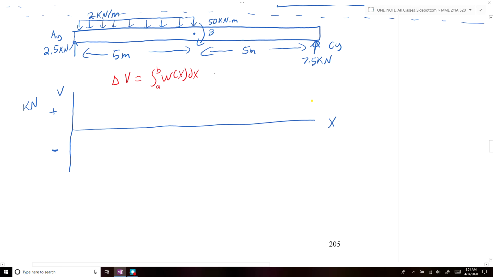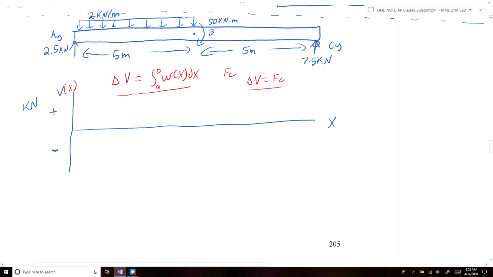We also know that if we have a concentrated force, our change in V would be just equal to that concentrated force. Along the beam from point A to point B to point C, we have both distributed loads and concentrated forces. So to find V of x, we have to determine the impact of our concentrated forces and our distributed loads.